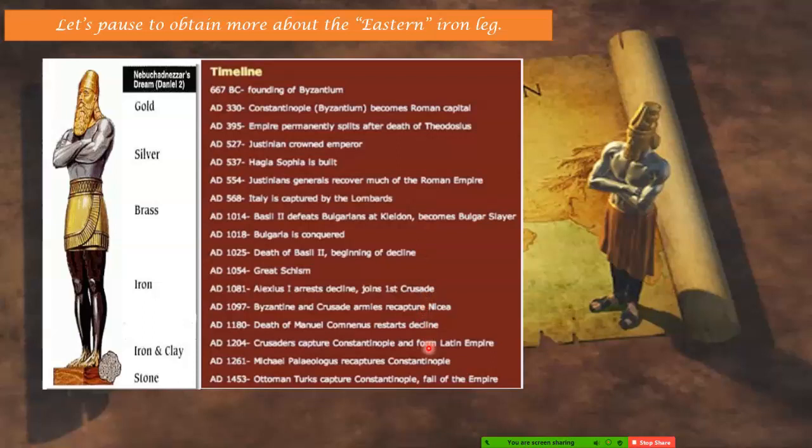Death of Manuel restarts decline. Crusaders capture Constantinople and form Latin Empire. Michael recaptures Constantinople. Ottoman Turks capture Constantinople. Fall of the empire. So we see how the eastern leg brings in the Ottoman Turks and Islam.